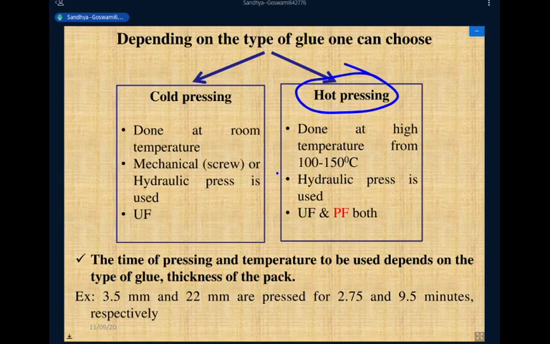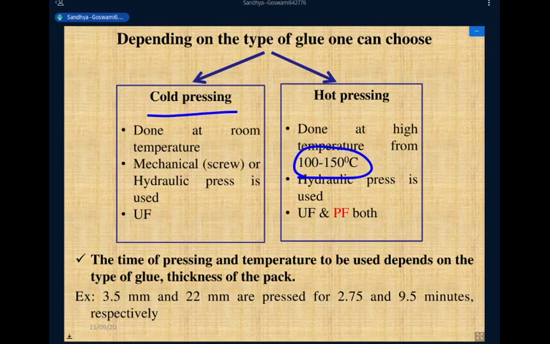Then we call it cold press, right? But if we are pressing at elevated temperature, up to 100 to 150 degrees Celsius, then you can name it a hot press.